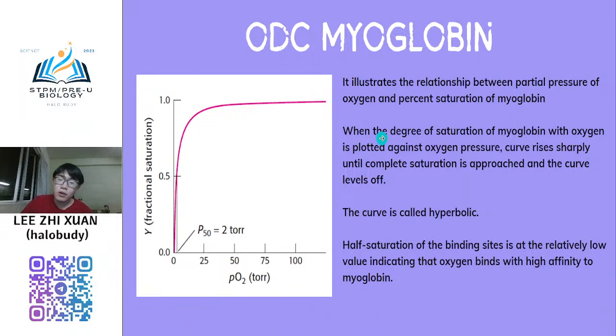Okay, so when the degree of saturation of myoglobin with oxygen is plotted, the curve rises sharply, like a roller coaster. Very sharp, until complete saturation is approached and the curve levels off. This curve shape is what we call hyperbolic. It looks like a hyperbolic function, right?